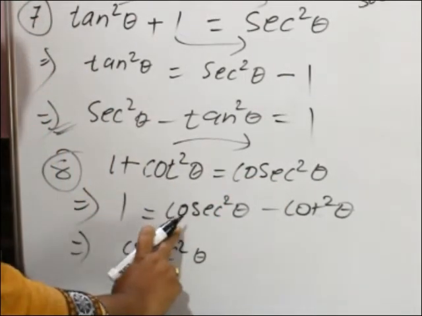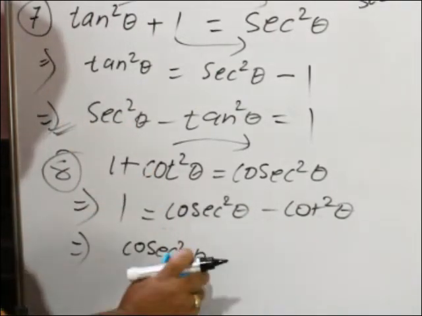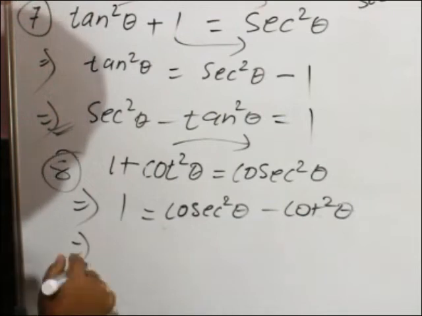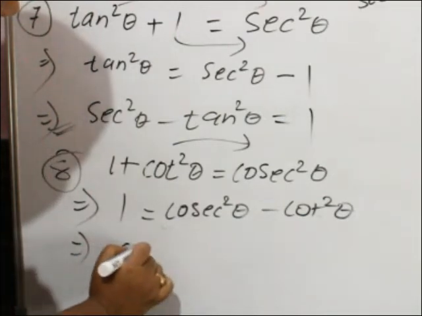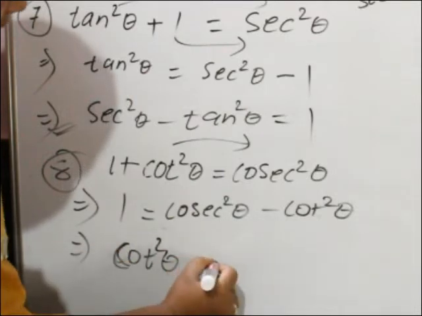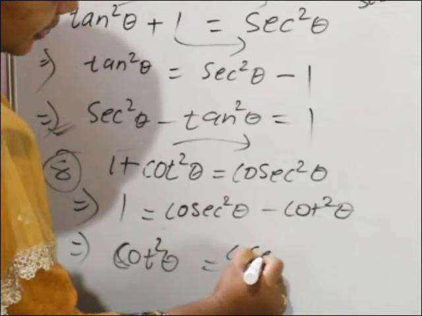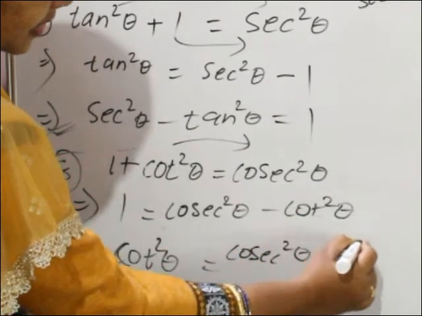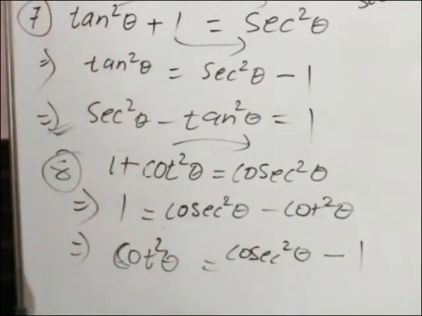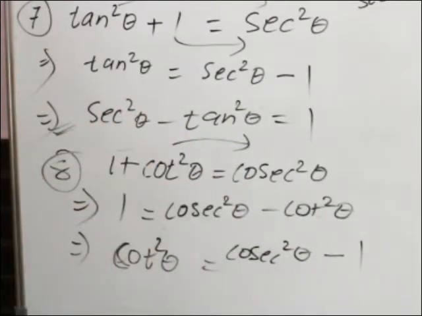Okay. Next, cosec square theta minus cot square theta equal to 1, over. Next, cot square theta equal to 1, shift that side: cosec square theta minus 1. Cot square theta equal to cosec square theta minus 1.